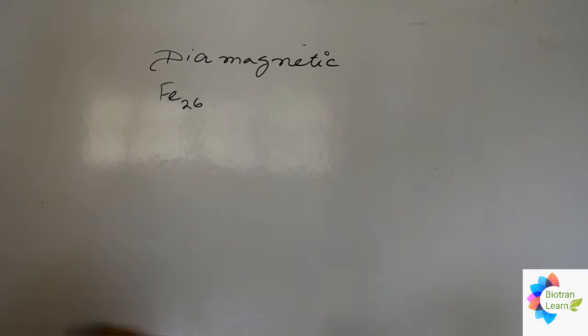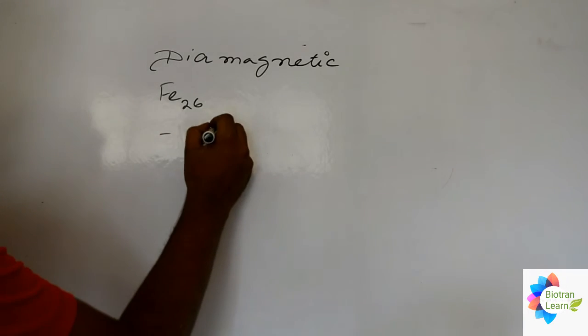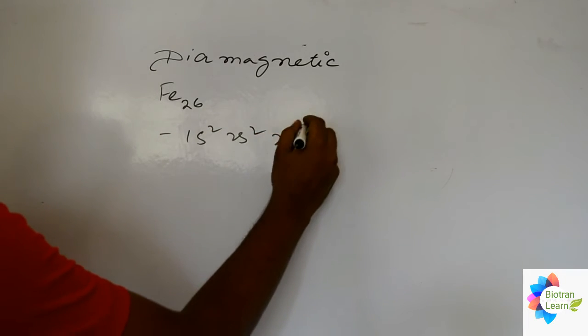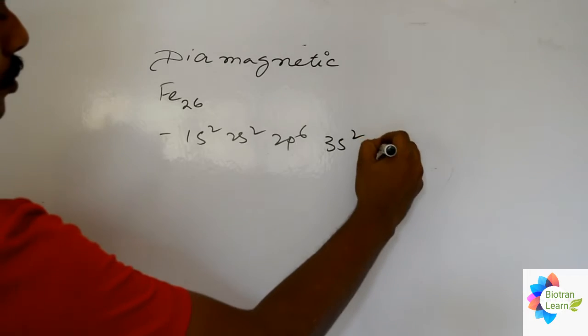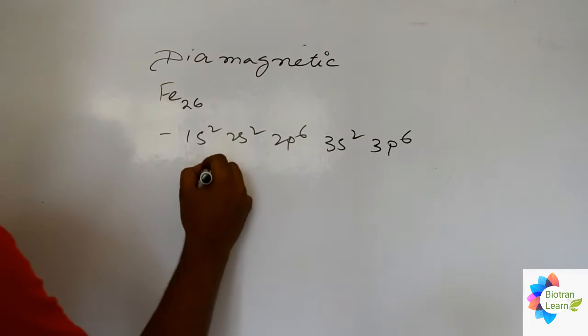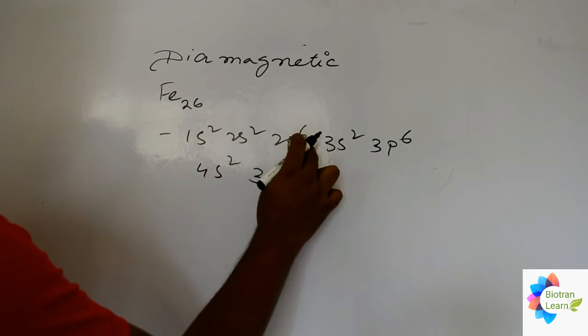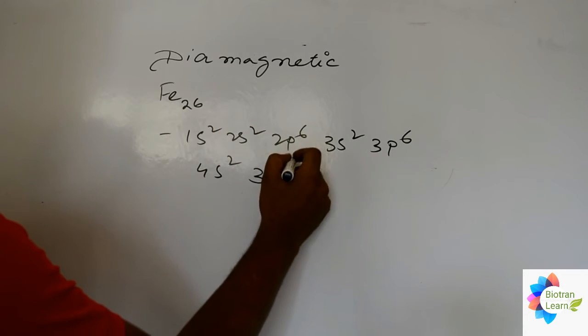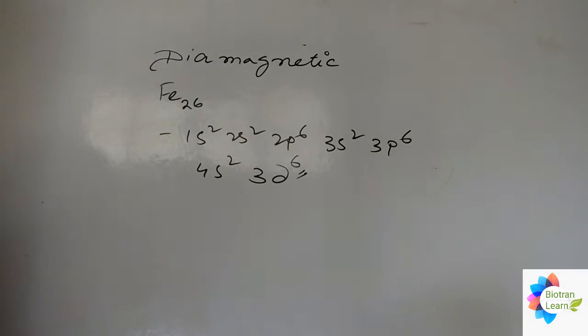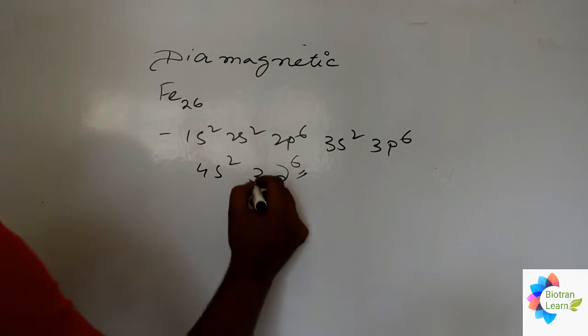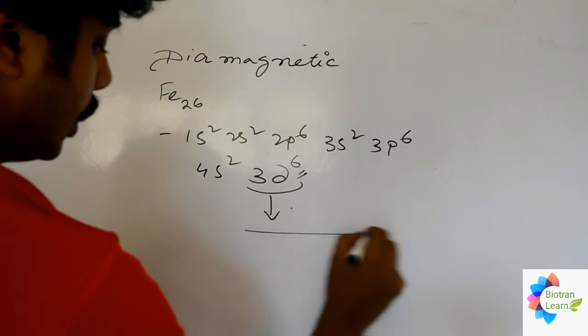Fe26. Let's find its configuration, that is 1s2, 2s2, 2p6, 3s2, 3p6, 4s2, 3d6. Now in the 3d section, what can we get?